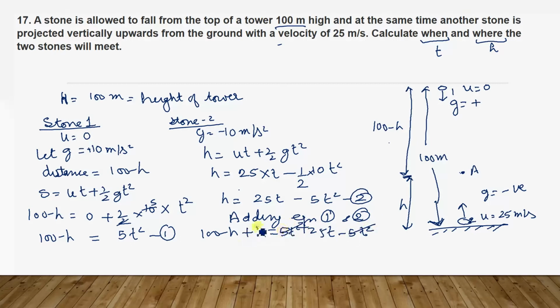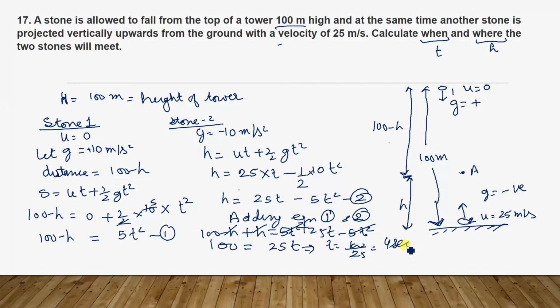So this gets cancelled, this gets cancelled, and we can calculate the value from here. So t comes out to be 100 upon 25, that is 4 seconds.